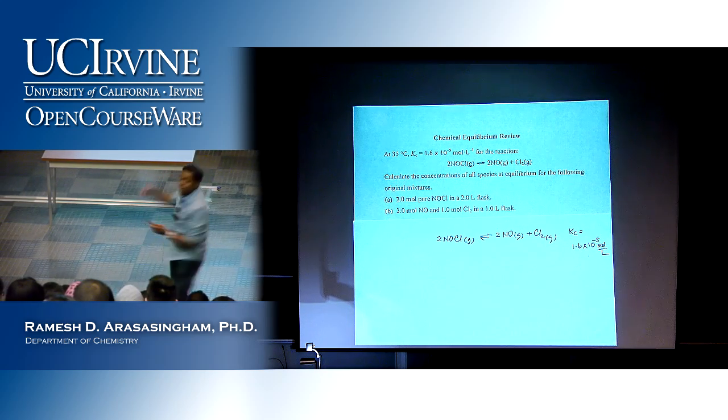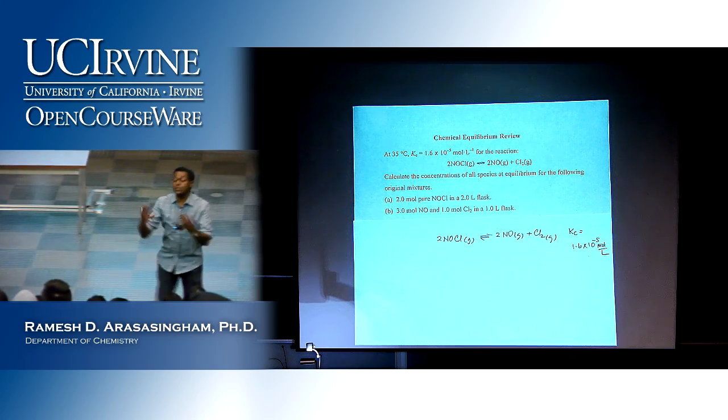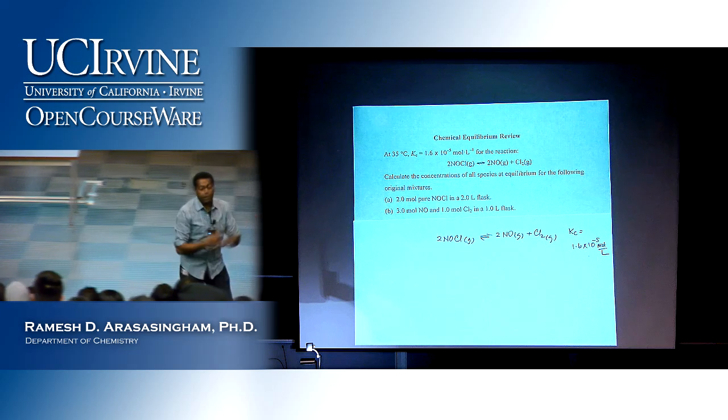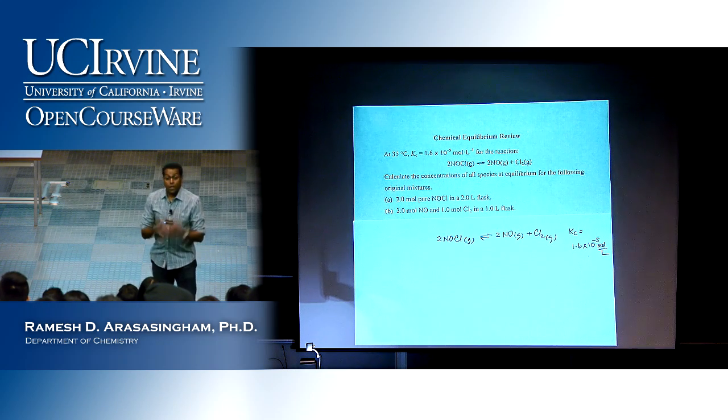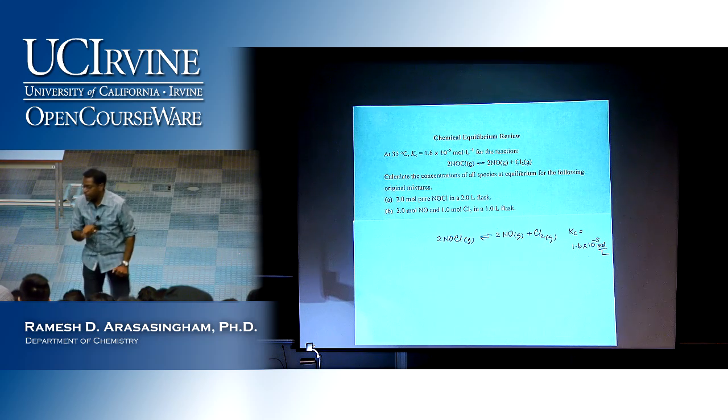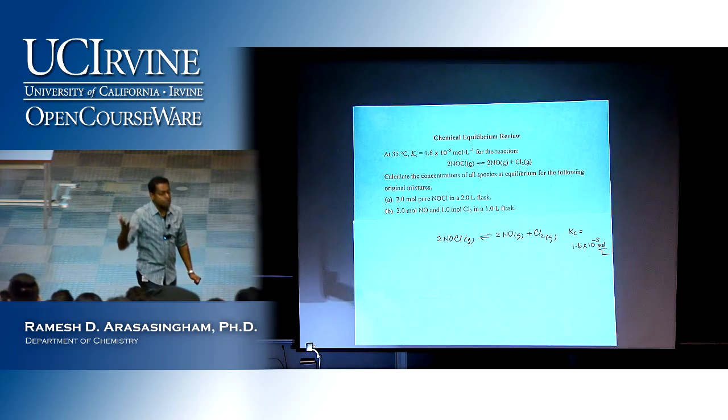Now this is 10 to the negative 5, so this number is much, much smaller than 1. What does that tell you about that equilibrium mixture? Lots of reactants, very little products. That means this reaction took place only to a small amount. It reacted just a little bit and then established equilibrium.